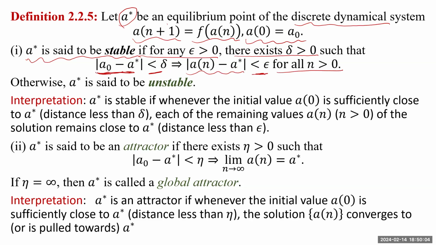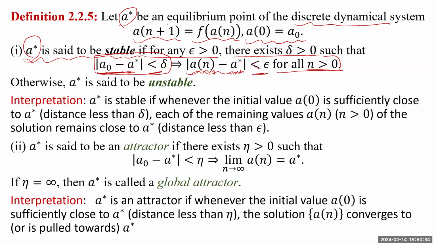So whatever the distance is, less than delta, for whatever the large n value, the distance between a_n and that equilibrium point is again small, less than epsilon. So in such a condition, we say that the equilibrium point is a stable point.